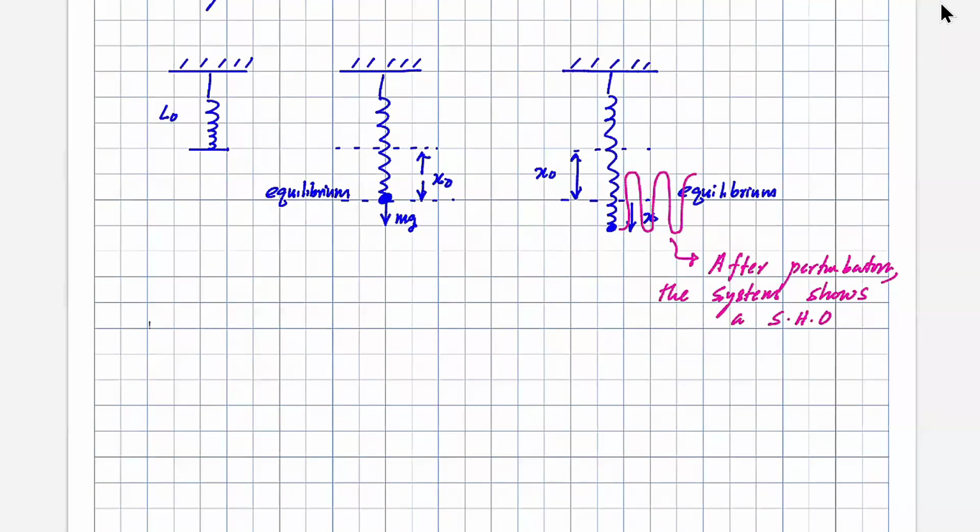In that situation, x0 should be greater than x. So how much are you going to perturb? A little bit. Compared to x0, the amount you stretch is very little. Then only you will see a simple harmonic oscillation.